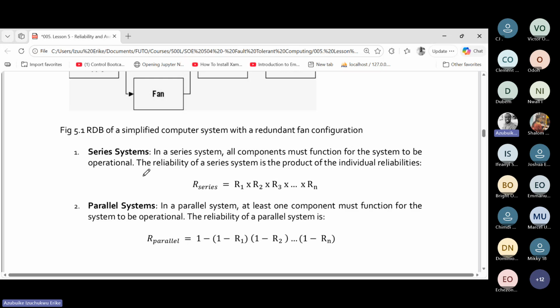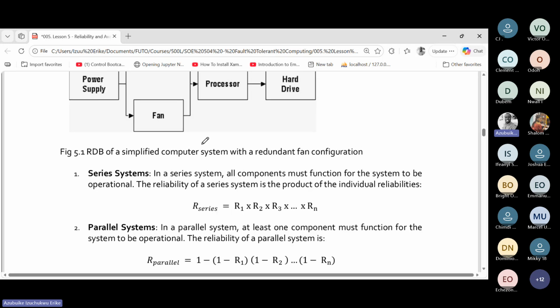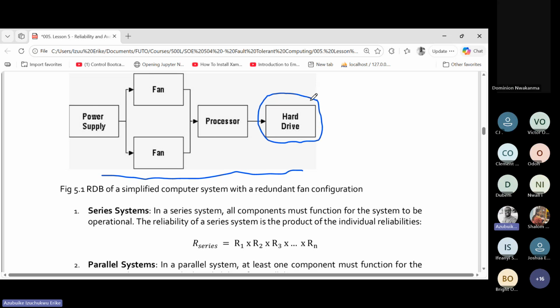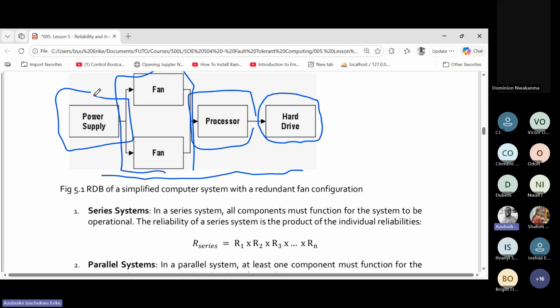Now, when we talk about series connection, in a series system, all components must function for the system to be operational. I've made this statement in passing, right? The reliability of the series system is the product of the individual reliabilities of the components that make up the system. If we can rely on this system, it is because the total reliability we can place on it is the product of the reliability of the hardware, the reliability of the processor, the reliability of this arrangement, and the reliability of this particular power supply.